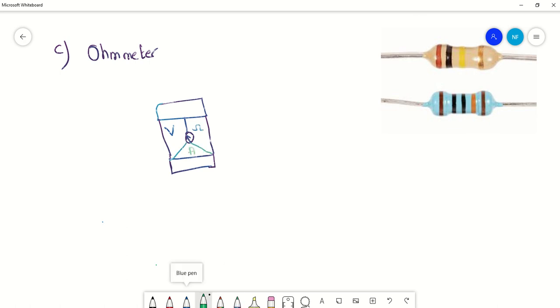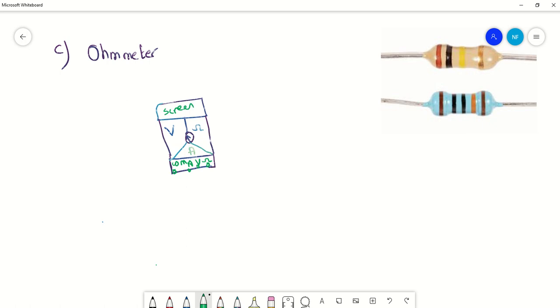And here down we have the COM. Previously we didn't know, but we have A, we have V, and also we have the letter ohm, which refers to the measuring of the resistance.